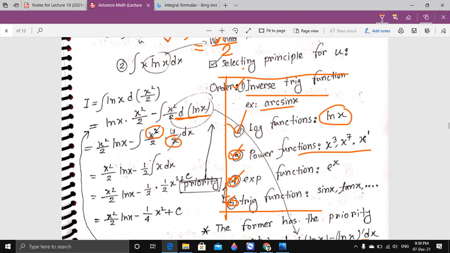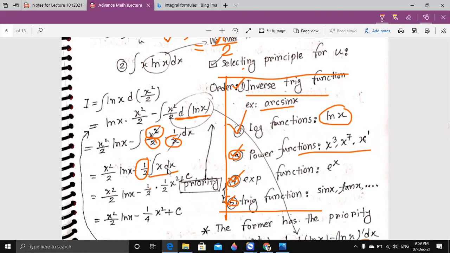So if we cancel these two, that means if we just divide by x on upside and downside, we get integration of x dx. And this 1 by 2, we can take this out of the integration sign. So ultimately we get half integration of x dx.